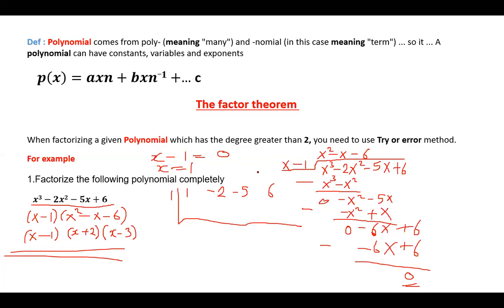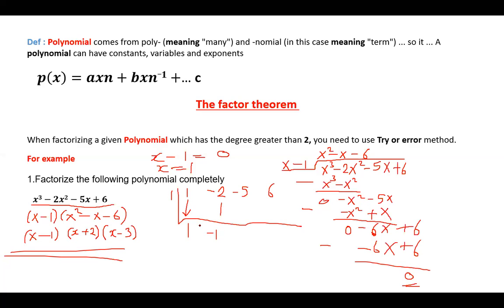Yeah, and then what you do again is you bring down this 1, you write 1, and then you multiply this 1 times 1, you get 1. You add, so you have brought down this 1, then you add negative 2 plus 1, you get negative 1.